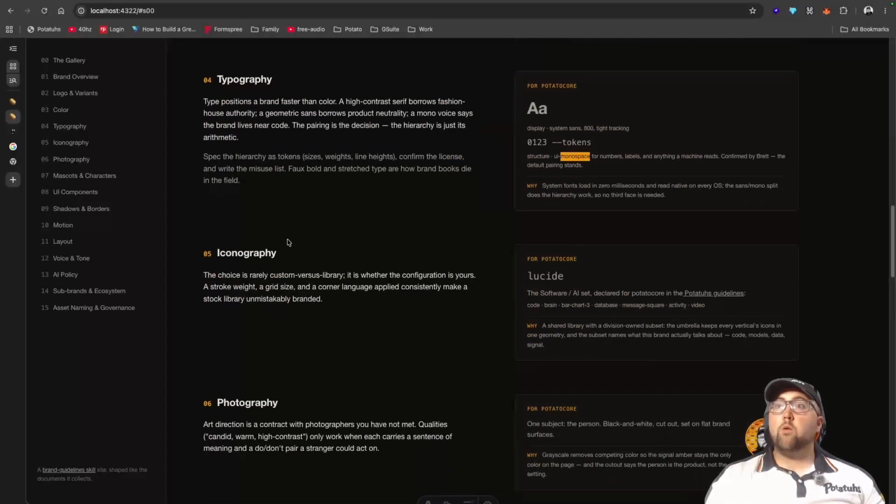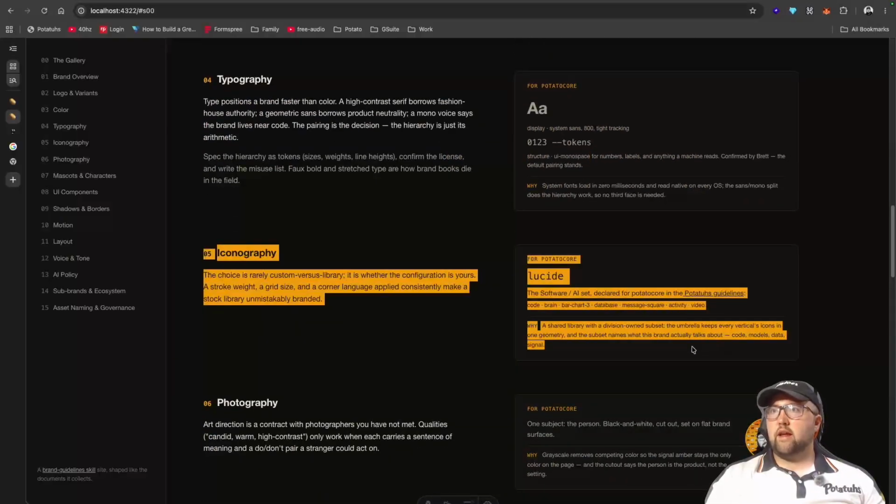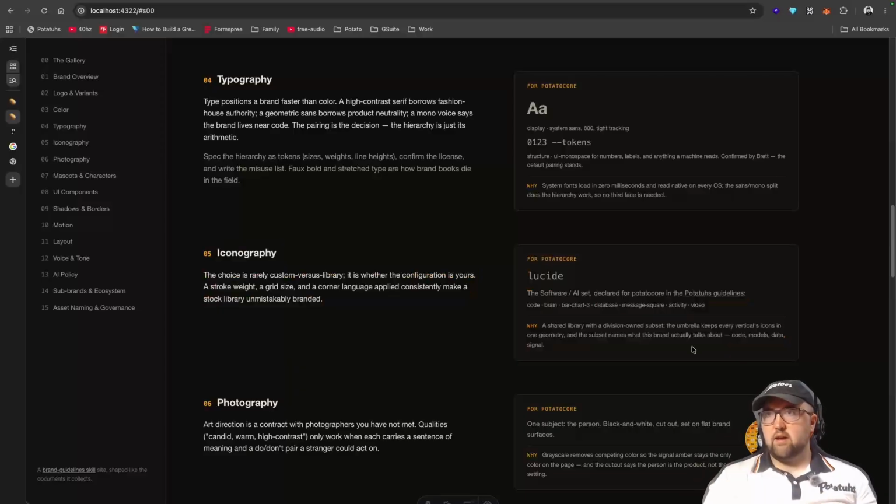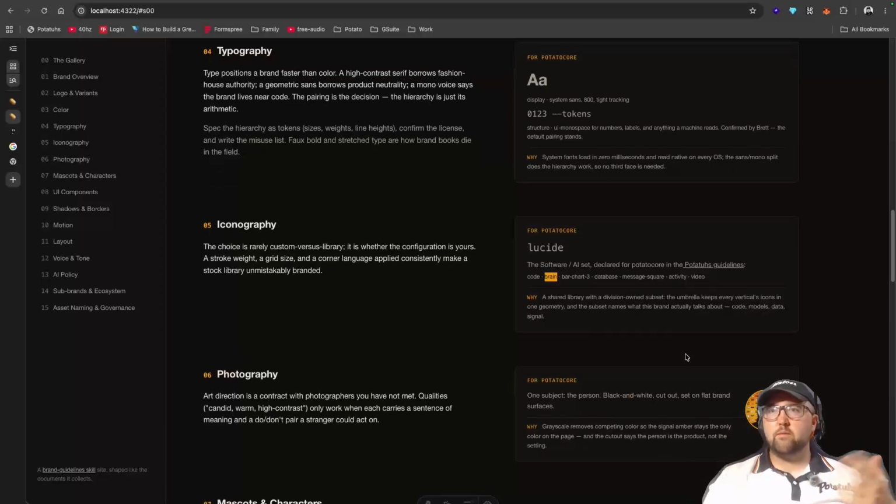Iconography. All of the other ones have decent iconography that we display, but it looks like these ones are declaring it in text. So you'll see as we move forward, iconography is the usage of icons. I'd have to make this more complicated than it is. It's icons. What icons are you using?